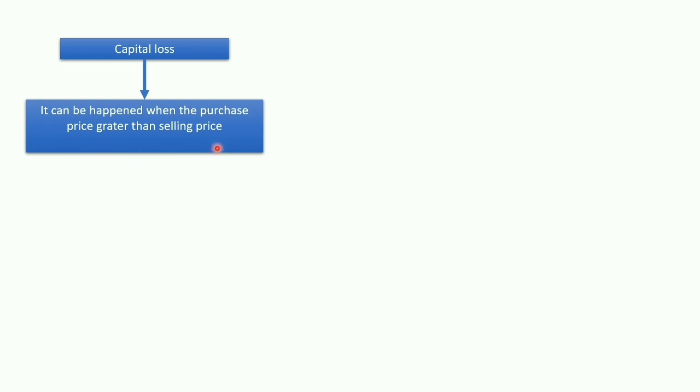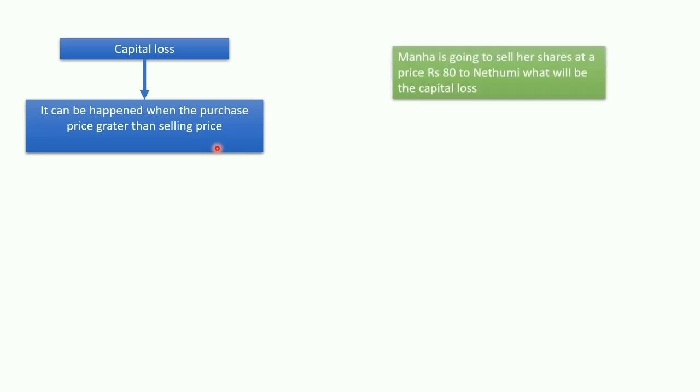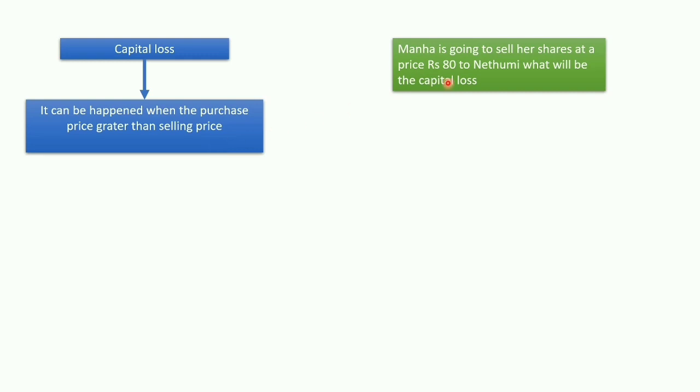For example, when companies are going down, the stock market decides the market price of the shares is less than the purchase price. That means the selling price is less than the purchase price. I think that is a little bit confusing for you. It is better to go with this problem. You can get a nice idea.